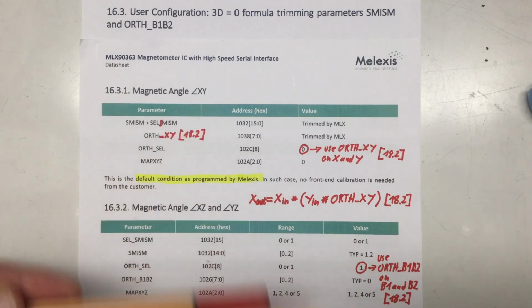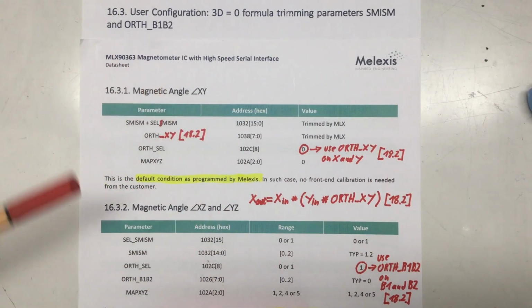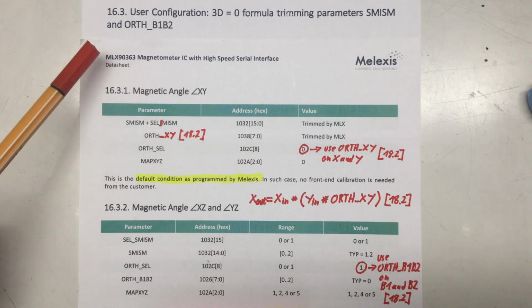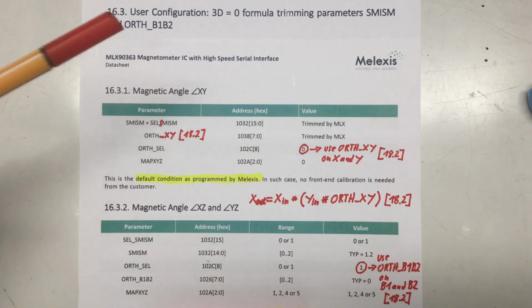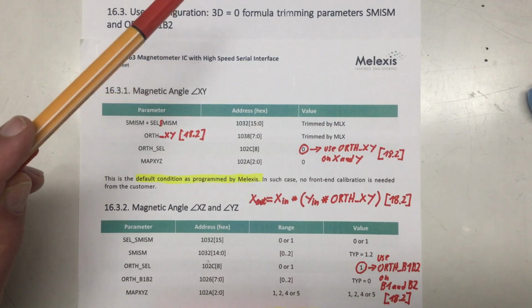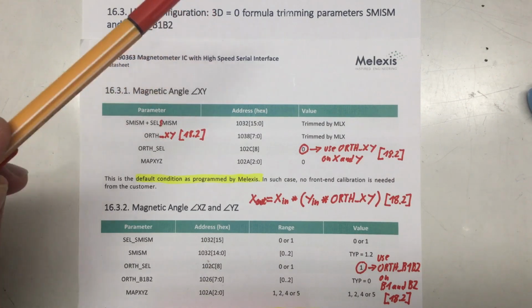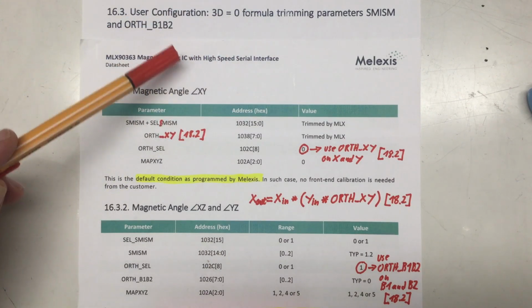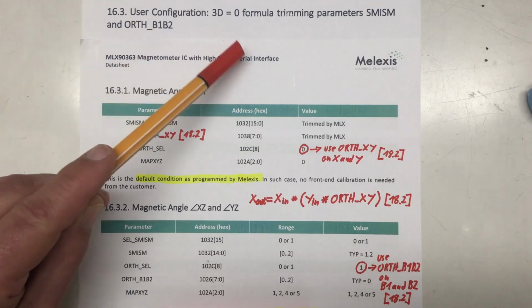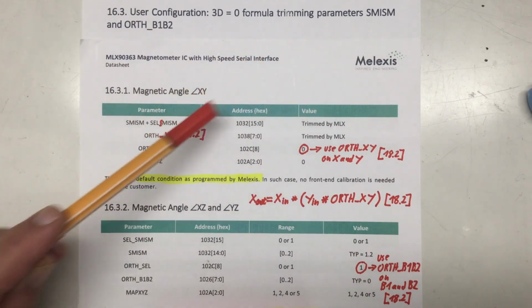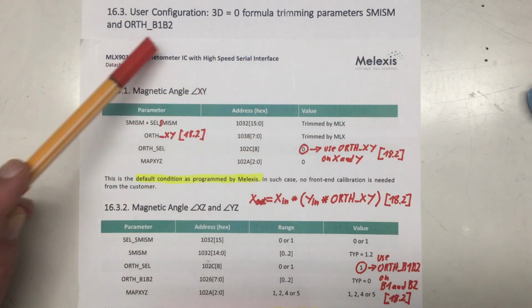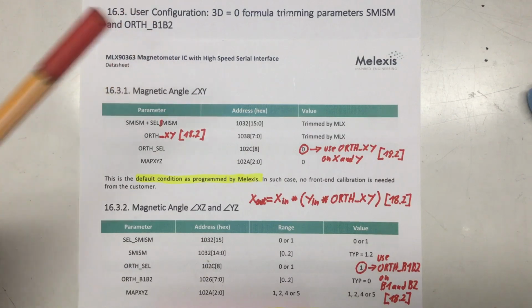And that was wrong. You see, the main chapter here, 16.3, does state user configuration 3D equals 0. So no 3D measurement, 2D measurement, formula, trimming parameters, sensitivity mismatch, and auth B1, B2.